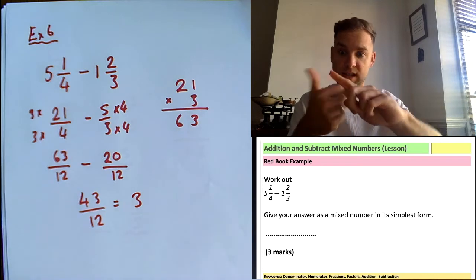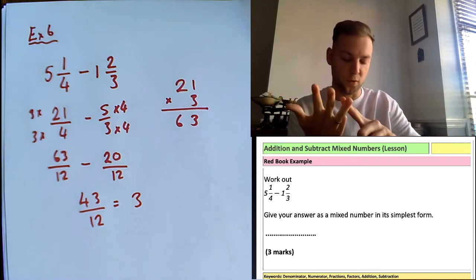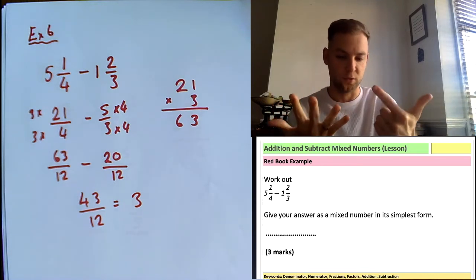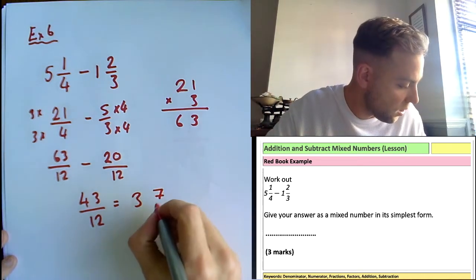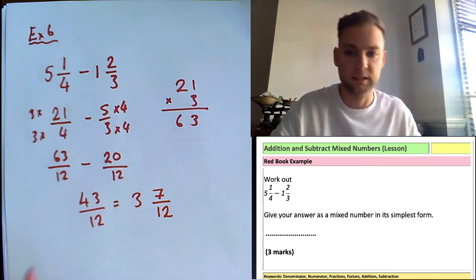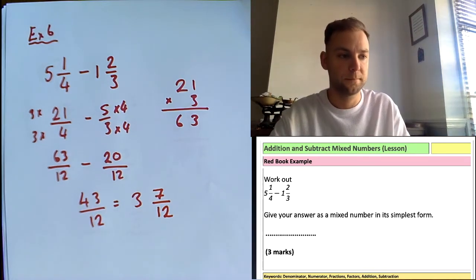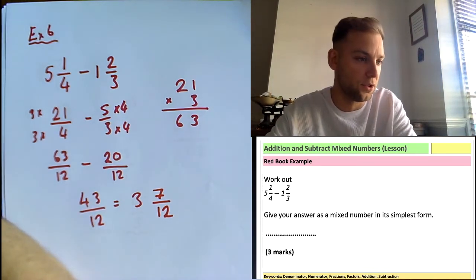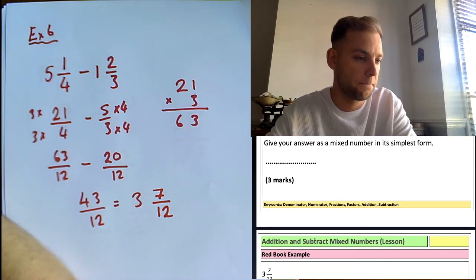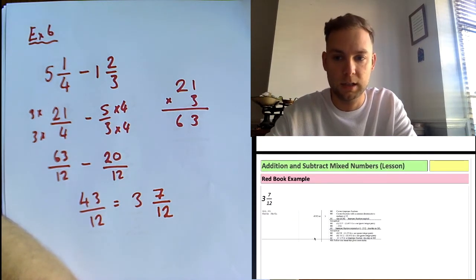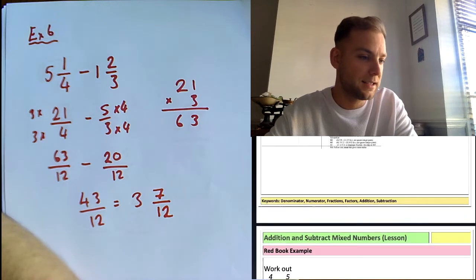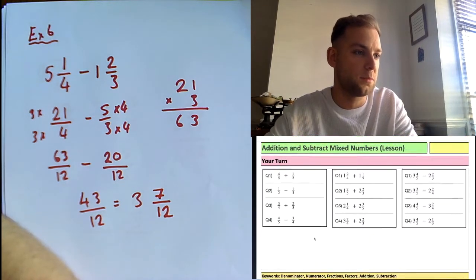So 37, 38, 39, 40, 41, 42, 43. So that's going to be 3 and 7 over 12, like so. Brilliant. So let's just check that answer, make sure you got it right. 3 and 7 over 12. Brilliant. Okay, so let's have a go at some of these yourself.